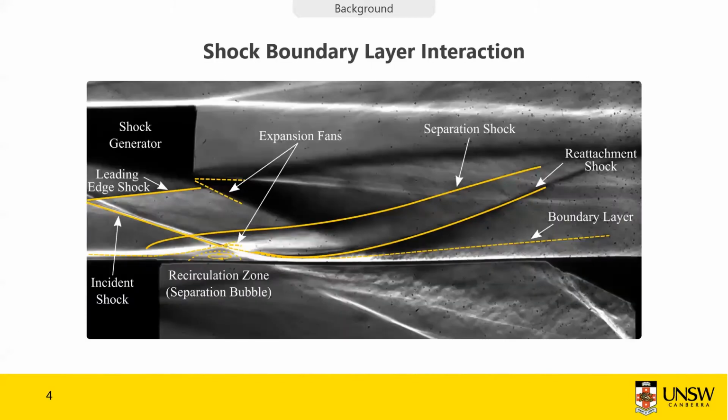Before we dive into the fluid-structure interaction aspects of this problem, the particular flow configuration that we're using is a shock impingement. Some of you may be asking, why is he doing that?